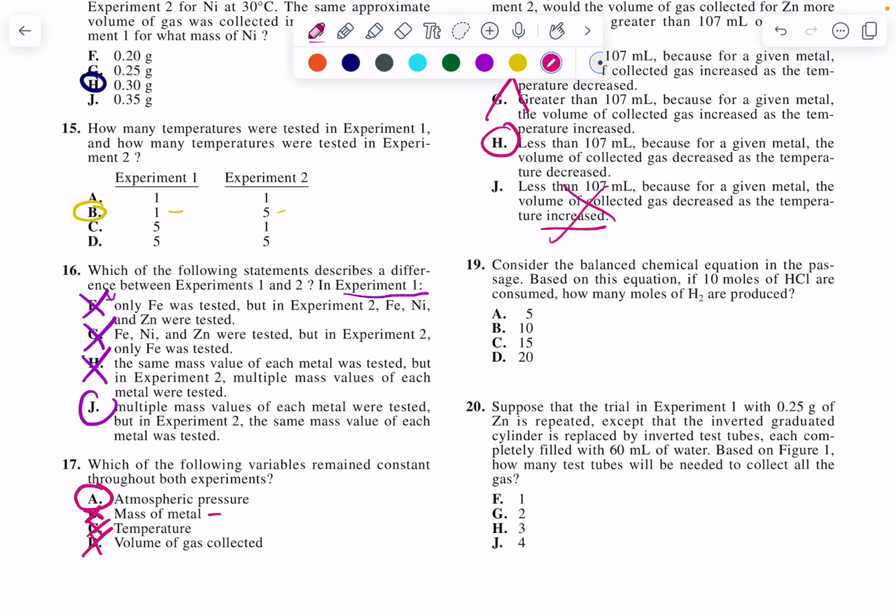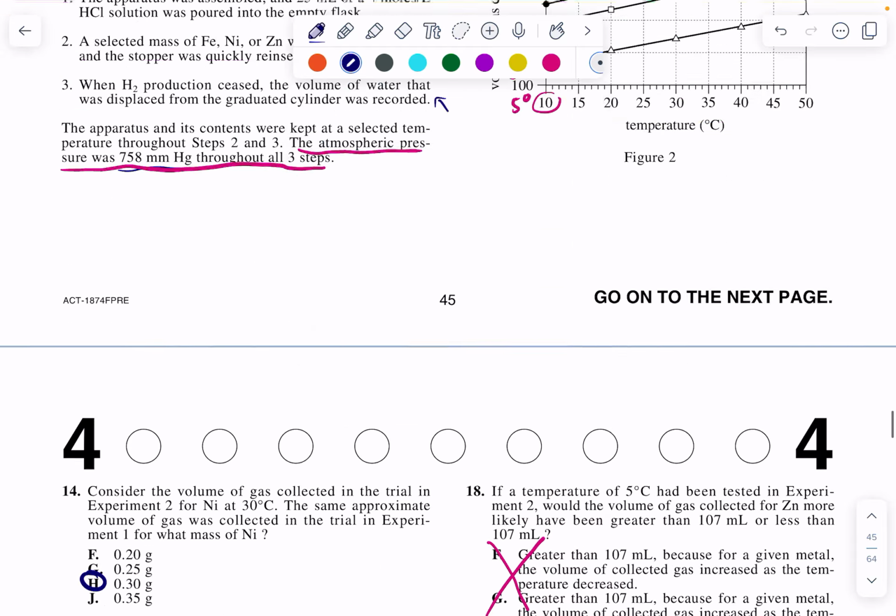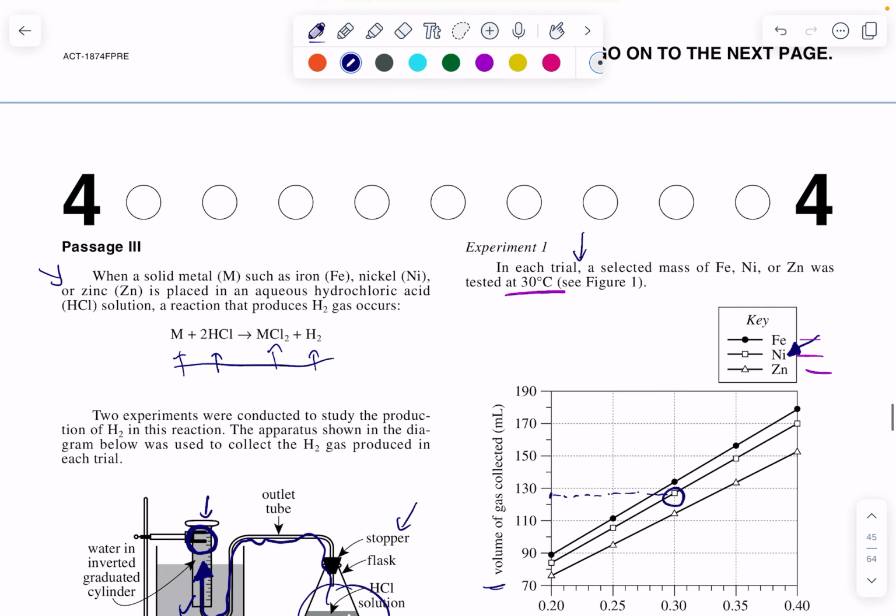19. Consider the balanced chemical equation in the passage. Based on this equation, if 10 moles of HCl are consumed, how many moles of H2 are produced? Okay, here's one of the rare science questions that uses outside information to help you answer the question. If we come up to this balanced chemical equation, it says, hey, I have 10 moles of hydrochloric acid, and I want to know how many moles of hydrogen gas, H2, can be produced.